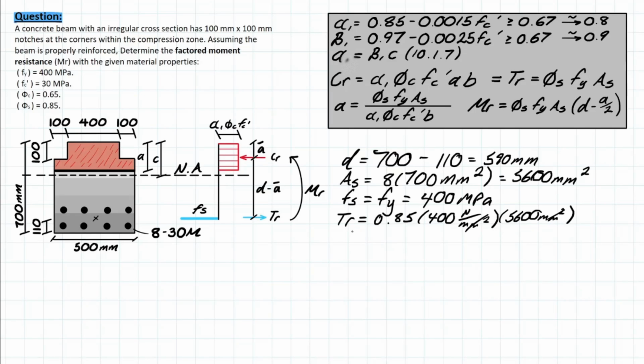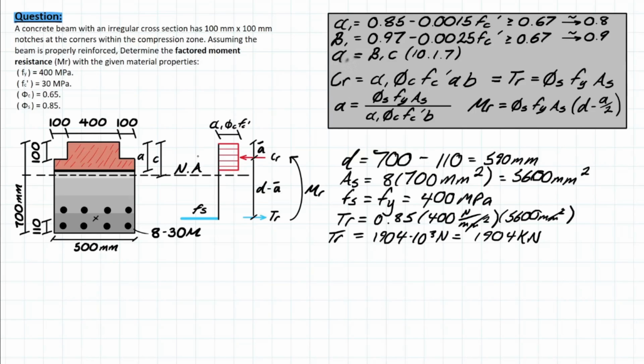The millimeters cancel out and it leaves us with a Newton value. And this is going to give us a value of 1904 times 10 to the 3 newtons, or that's also equivalent to 1904 kilonewtons.